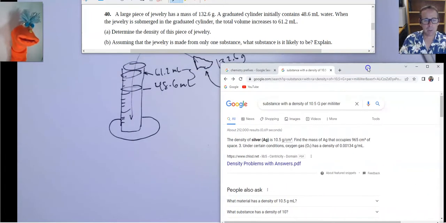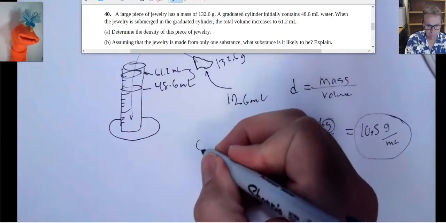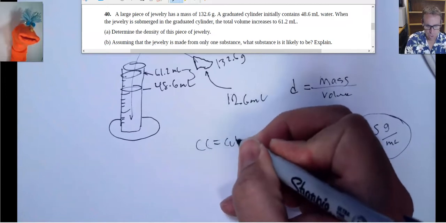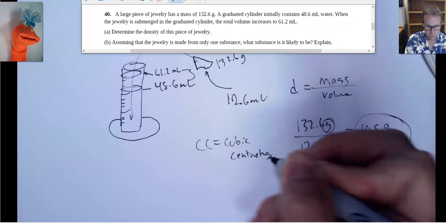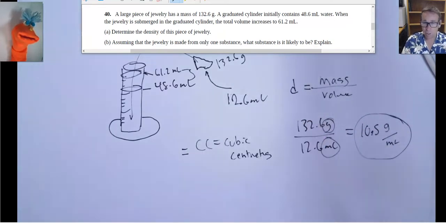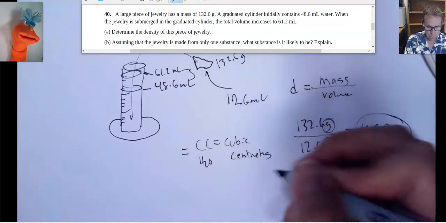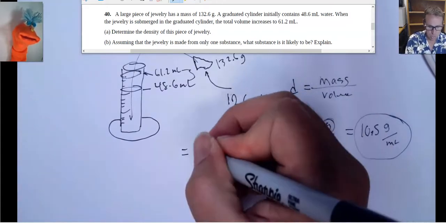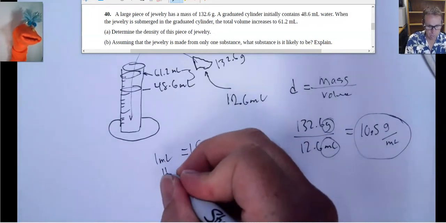Now, notice the units that they give here are grams per cubic centimeter, and they kept saying cc. And that's an important thing if you're going into the medical field to recognize that cc means cubic centimeters. And for water, 1 cubic centimeter of water is equal to 1 milliliter of water.